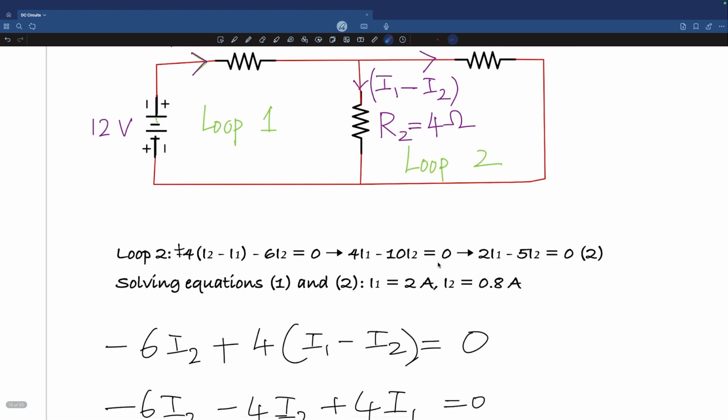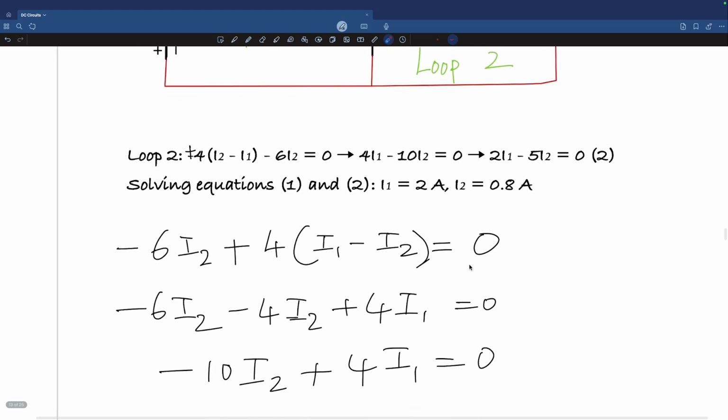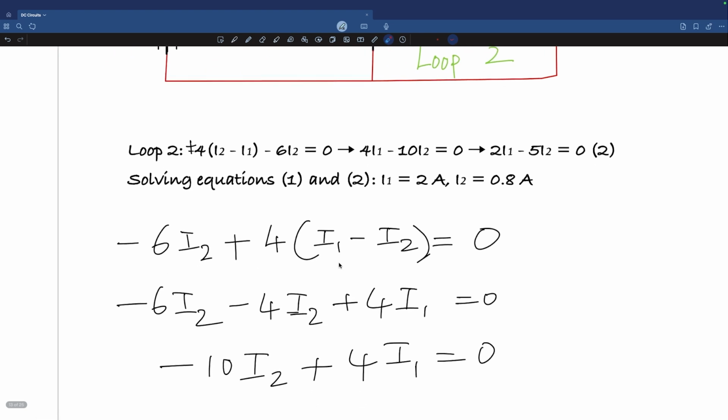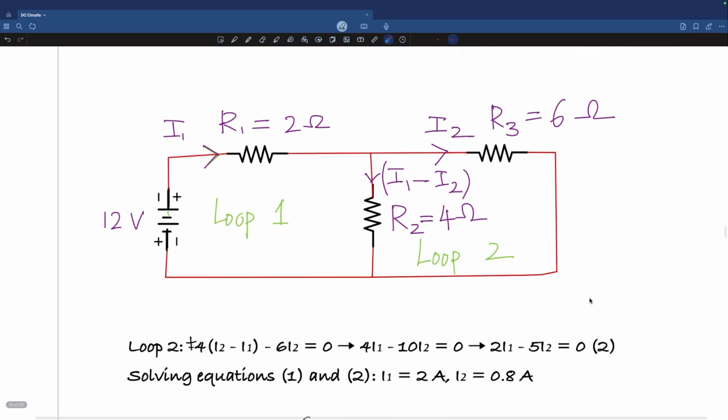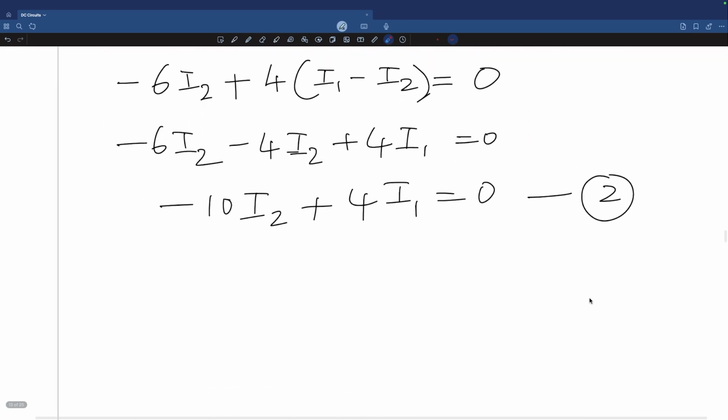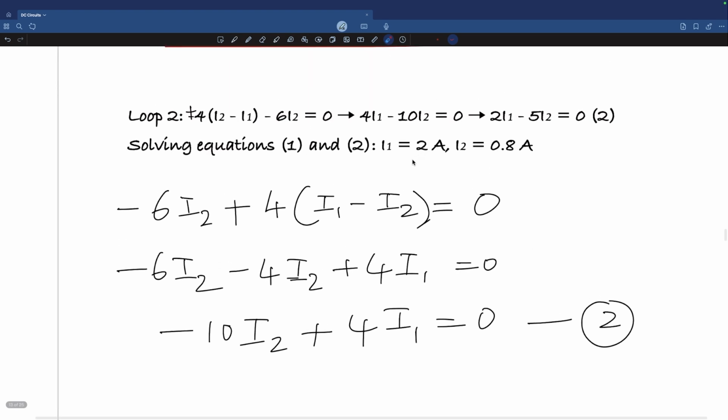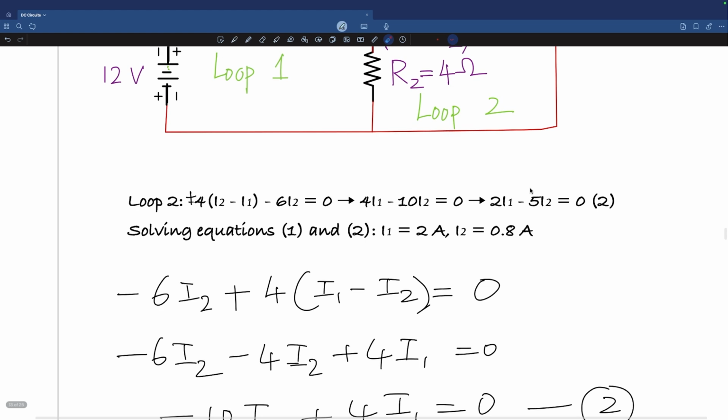And so when you do that, you will end up with this equation. I've written it down, you can see that. Distributing the terms here and collecting these two as negative 10I2 plus 4I1, you get your second equation. Solving the first and the second by substitution, elimination, whatever method, you can get the currents as 2 and 0.8. 2 ampere and 0.8.